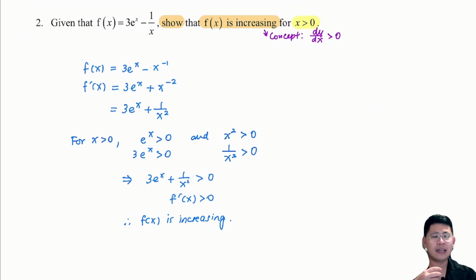So this is really tapping into the logical proof on why this whole thing is positive, because the individual parts are positive. Even though the steps seem redundant, I hope that you appreciate this rigor and this level of detail that we will need to present. So this is how we show that some expression is always positive. Okay, so this is for question 2.